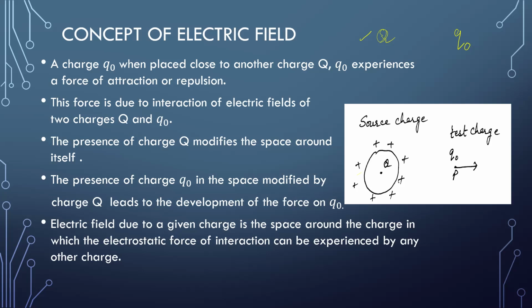So, in the diagram, as you can see, the source charge is capital Q, and the test charge is denoted by q naught.